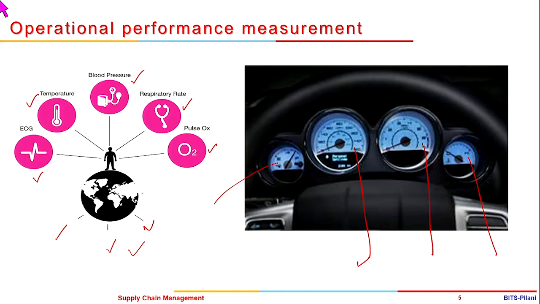Even though many things are changing inside when you are driving a vehicle, only a few are critical for the performance of the vehicle. Similarly, there are many things in the supply chain that we can measure, but we will be interested only in the few which are critical to know the performance of the supply chain.